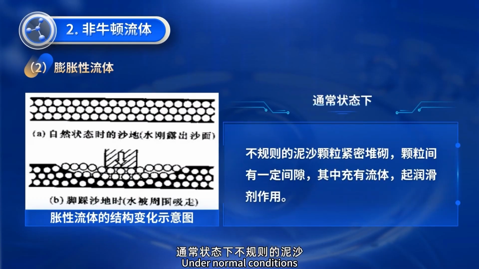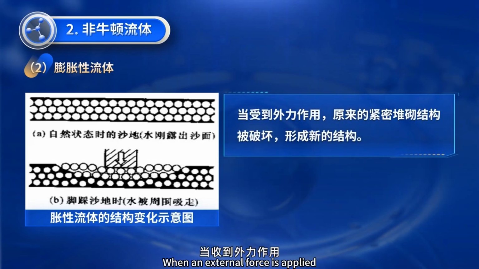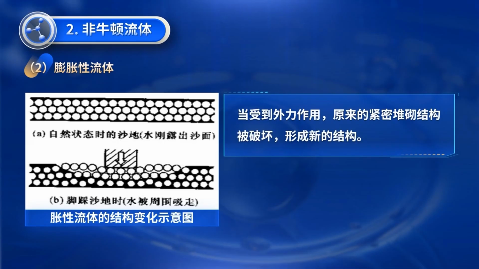Under normal conditions, irregular sand particles are closely packed, with certain gaps between the particles. These gaps are filled with fluid, which acts as a lubricant. When an external force is applied, the original close-packed structure is disrupted, forming a new structure.